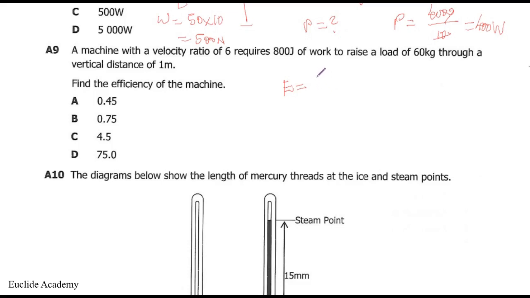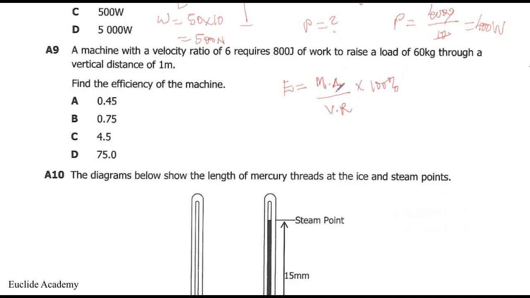Another formula says that efficiency is equal to the mechanical advantage divided by the velocity ratio, times 100%.